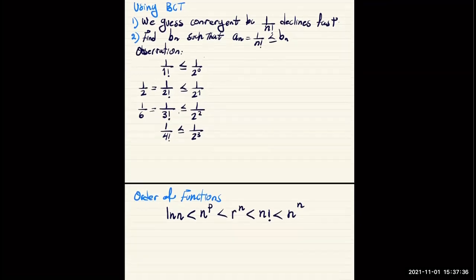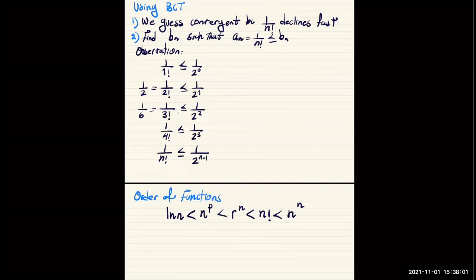So the observation here is that 1 over n factorial is always less than 1/2 to what power? 2 to the power of n? Not quite. n minus 1.